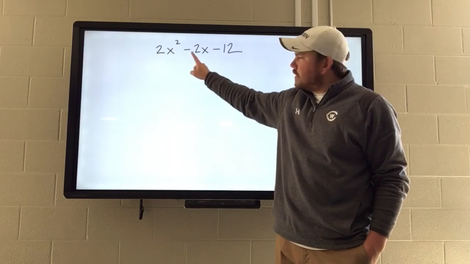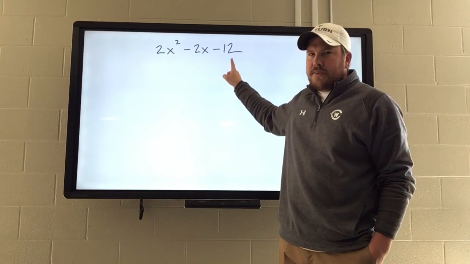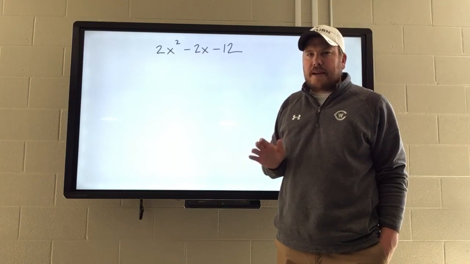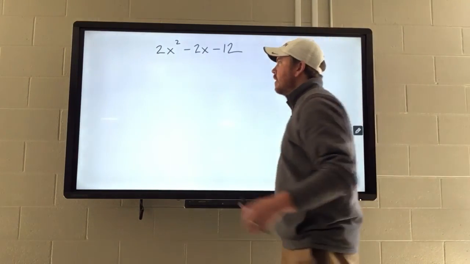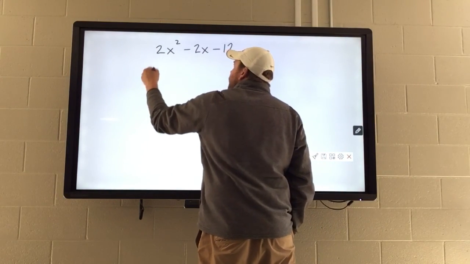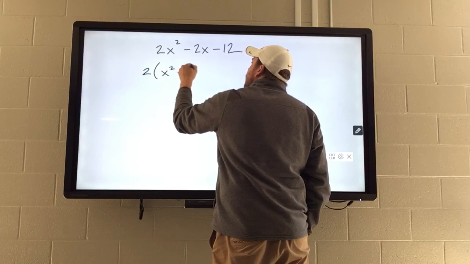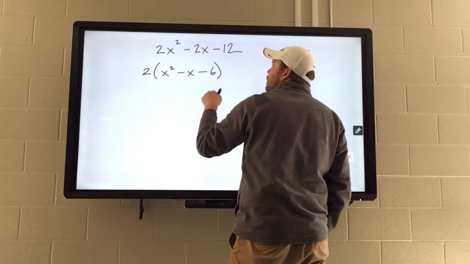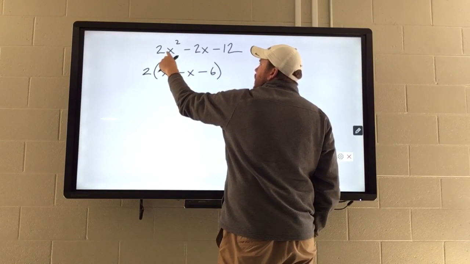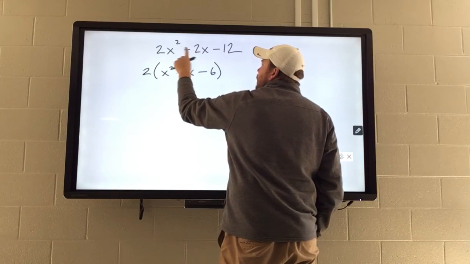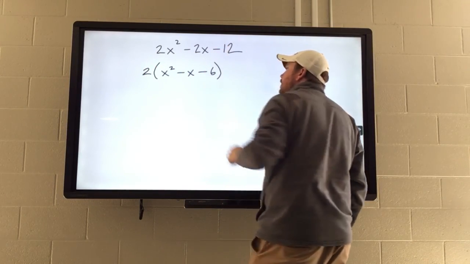If you look, 2x squared, negative 2x, and negative 12 are all divisible by the same number, in this case, 2. So what I can do is factor out a 2, leaving me with x squared minus x minus 6, because 2 times x squared is 2x squared, 2 times negative x is negative 2x, and 2 times negative 6 is negative 12.